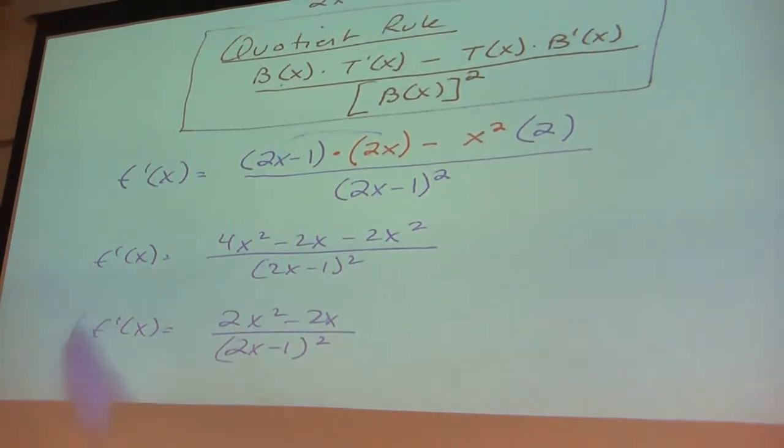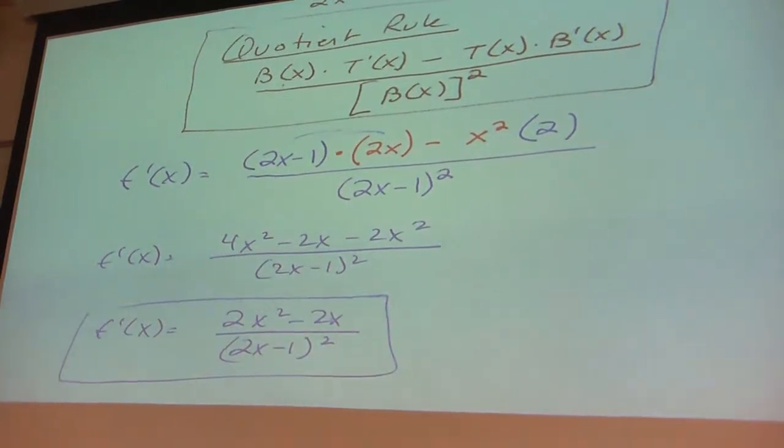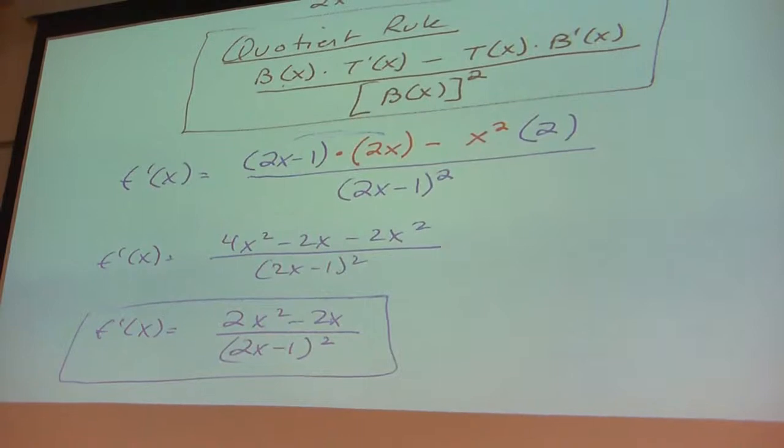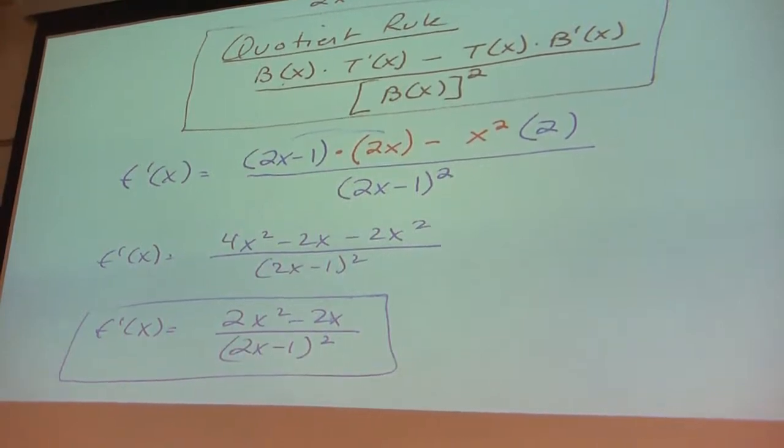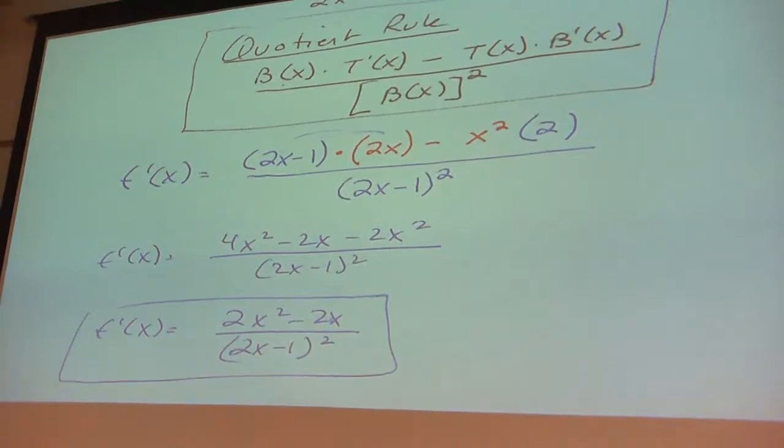And that would be your final answer. Algebra, algebra, algebra. That's why we spend so much time in Appendix A in Chapter 1. You gotta know your algebra. Any questions on quotient?